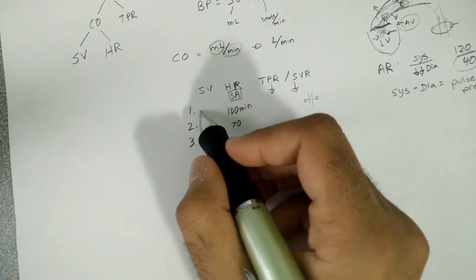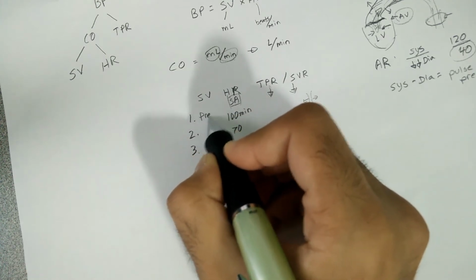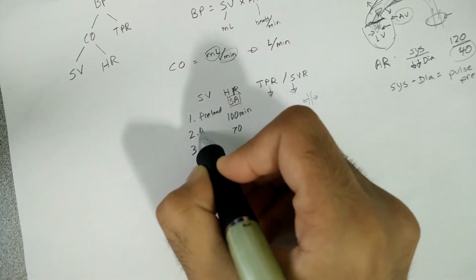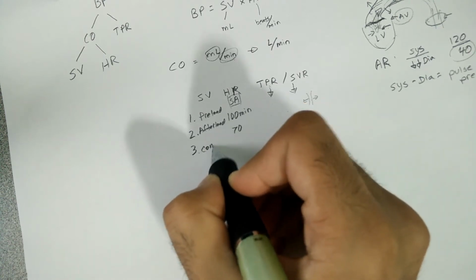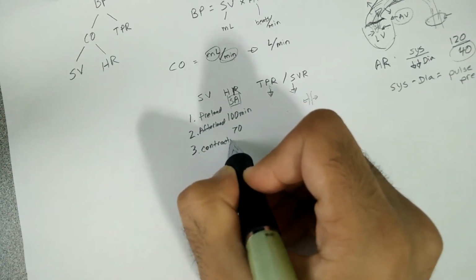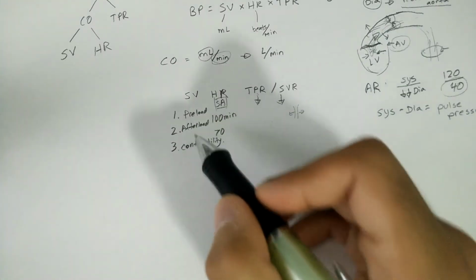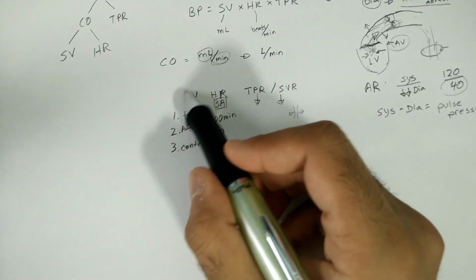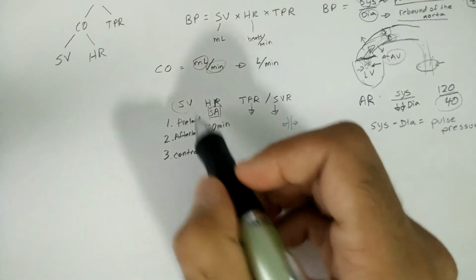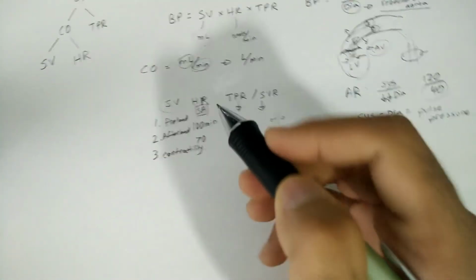Okay, let's come back to stroke volume. So what are the three determinants of stroke volume? Well, simply it's preload, afterload, and contractility. Between these three, we can increase one, decrease the other, and all three of these will affect the stroke volume. And if you recall, the stroke volume is how many milliliters that we're pumping in each cardiac cycle.